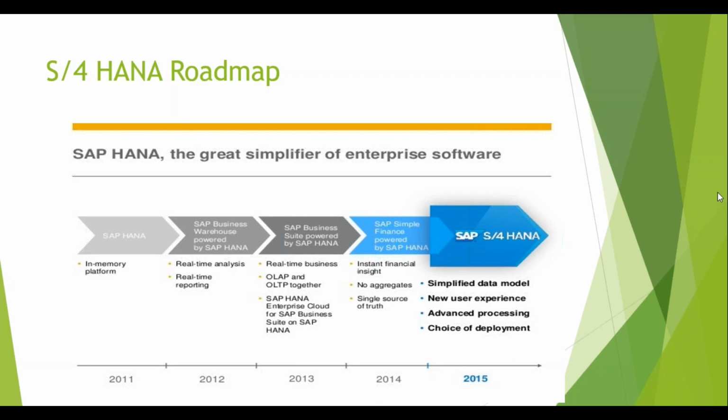Okay, and as I told you, when I talk about 1610, some of the basic functionalities of EWM and APO are embedded within your core SAP S4HANA system. But the advanced functionalities are still decentralized, which means today also if you want to use all the functionalities of SAP S4HANA plus EWM plus APO, you need 3 separate databases.